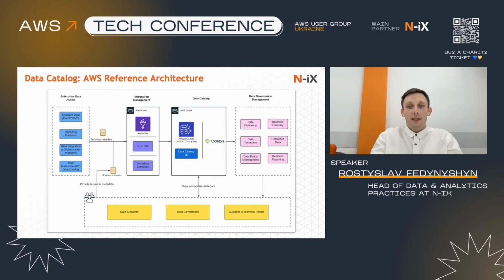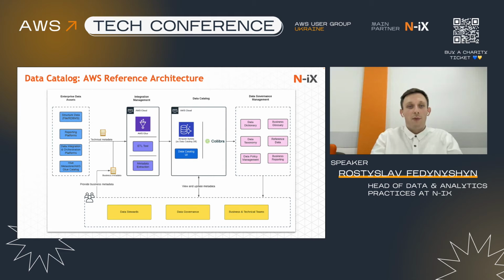Also, technical metadata is collected from various enterprise sources by database, application program interface, or just by JDBC connection. So we can periodically pull data dictionary details from various relational databases or, using an API, from some application data stores.